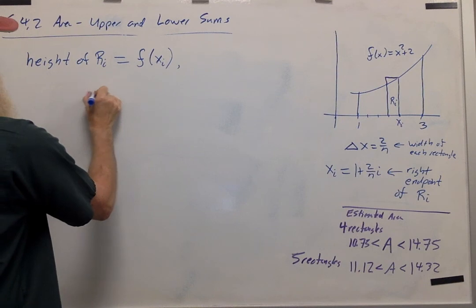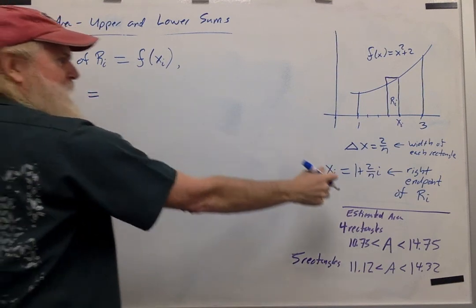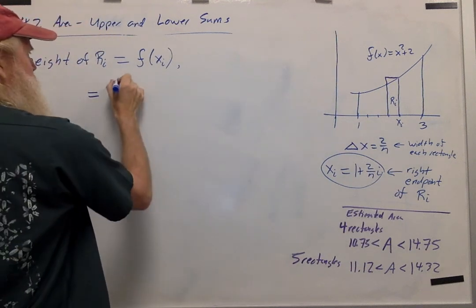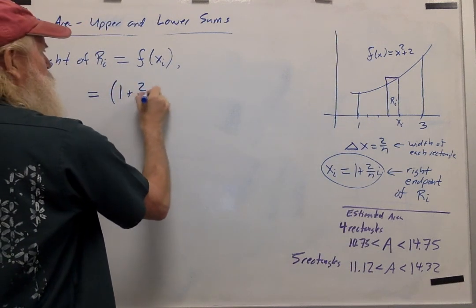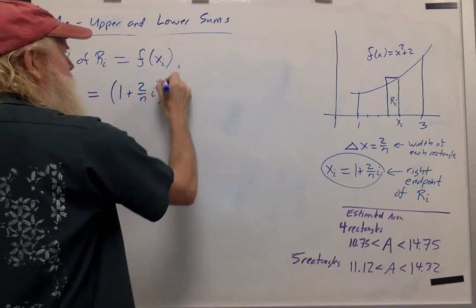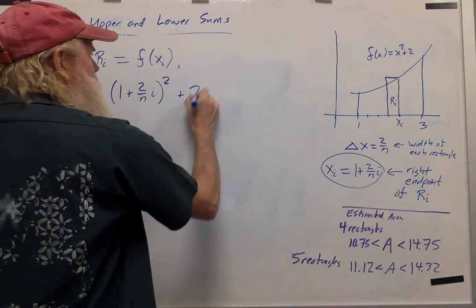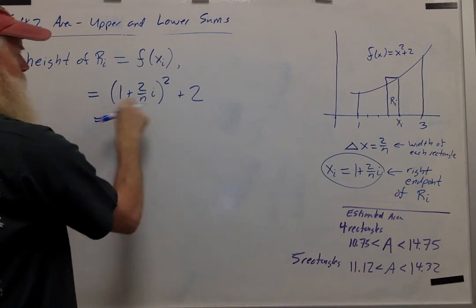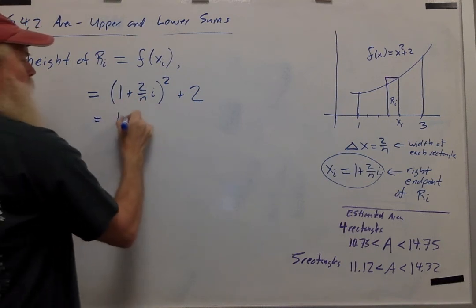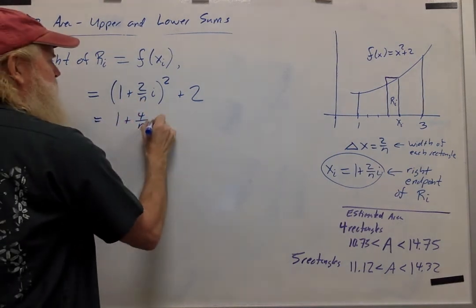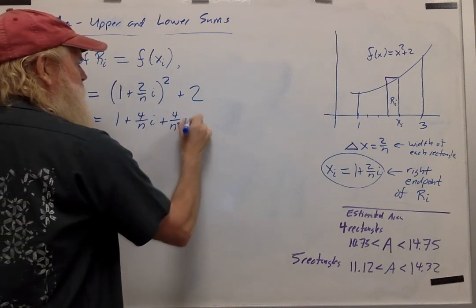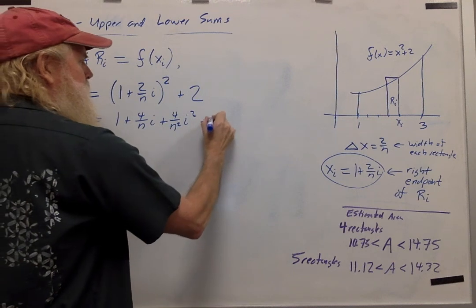So f of x sub i is going to be what I get when I plug this in to f. So that's 1 plus 2 over n times i, squared, plus 2. Multiplying this out, I get 1 plus 4 over n times i plus 4 over n squared times i squared plus 2.